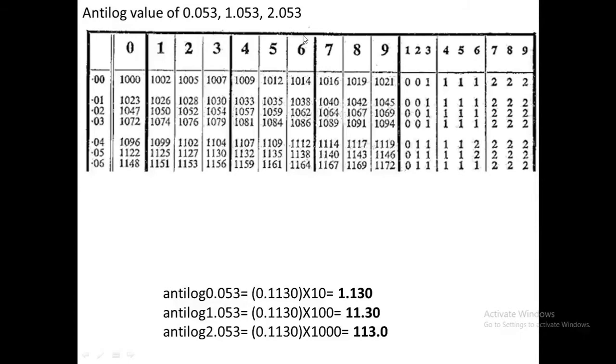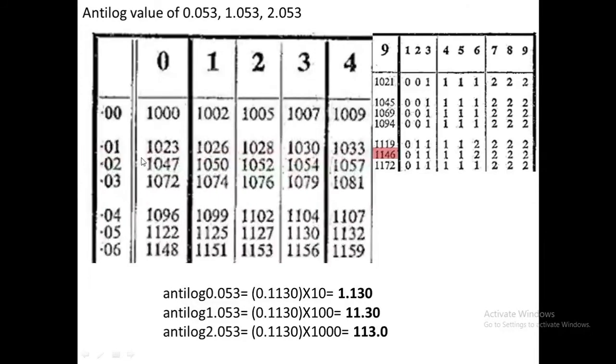We have to consider only 2 points after the decimal, it's 0.05, and after that it's mentioned 3. So we have to consider this row only, and the value of 0.05 at the level of 3 is showing 1130.